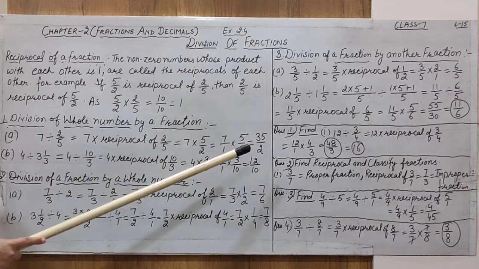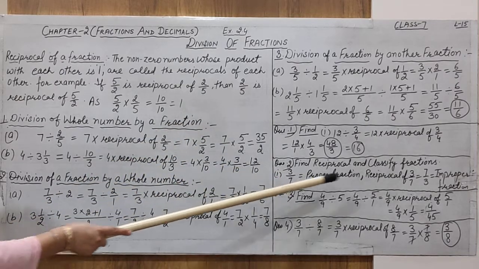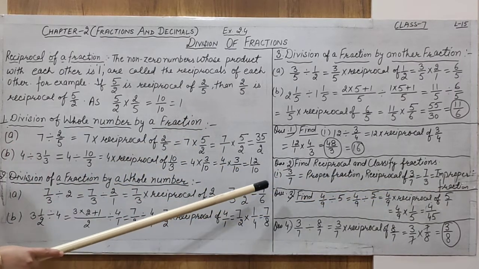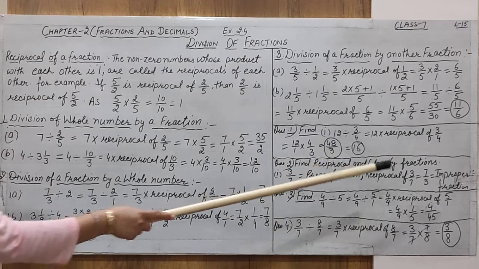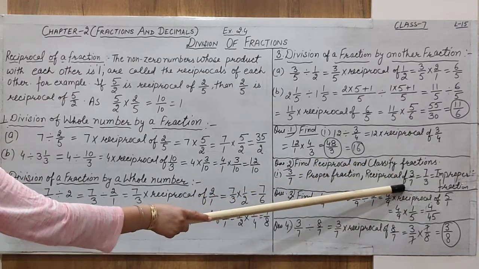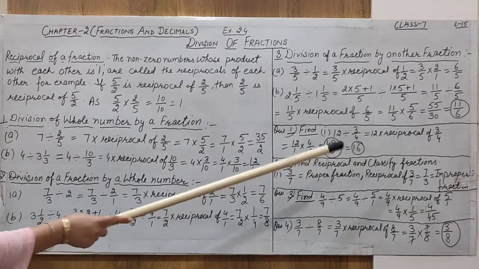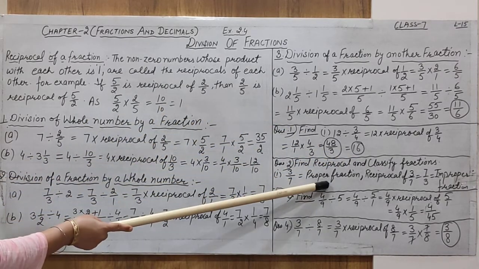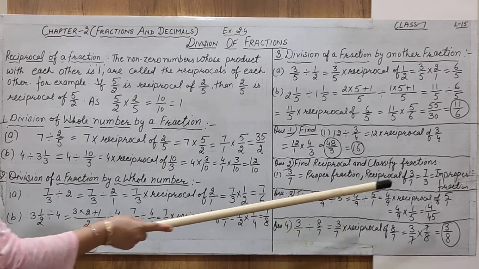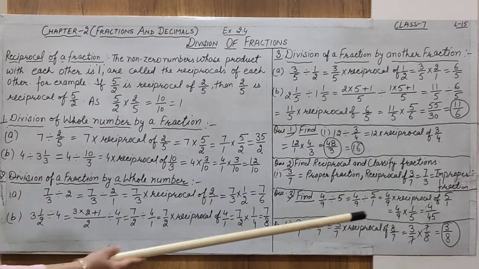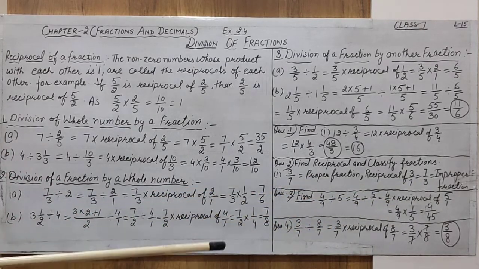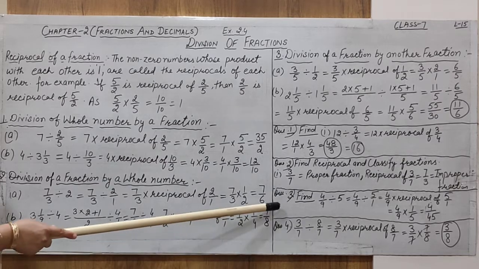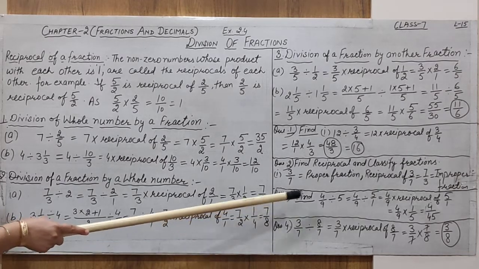Otherwise this is our solution. We can represent that 7 by 3 is the reciprocal of 3 by 7 by multiplying them. And you know very well the result of a fractional number with its reciprocal is always 1.